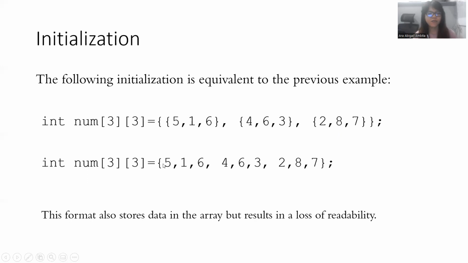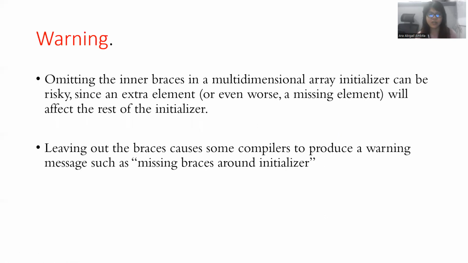This format also stores data in the array, but results in a loss of readability. Omitting the inner braces in a multidimensional array initializer can be risky, since an extra element, or even worse, a missing element, will affect the rest of the initializer. Leaving out the braces causes some compilers to produce a warning message: missing braces around initializer.